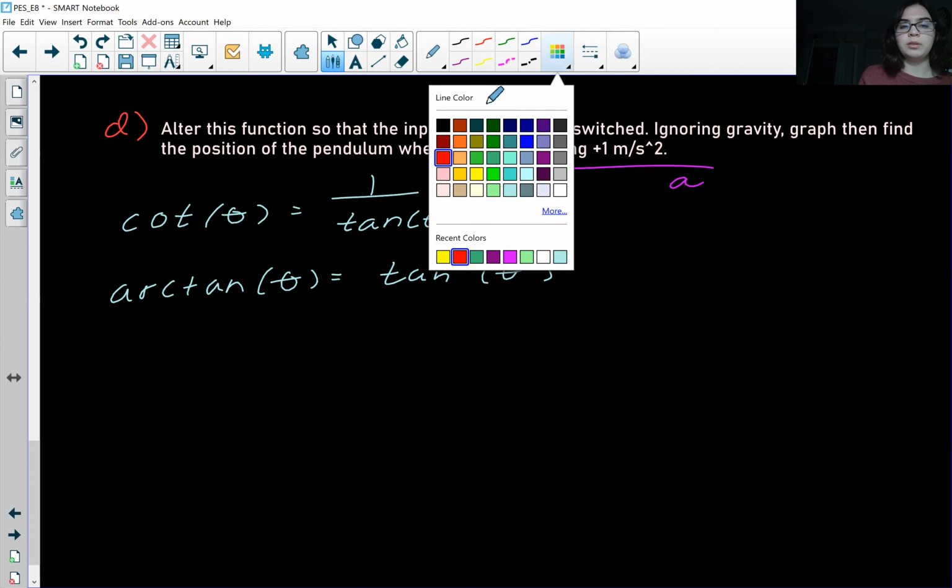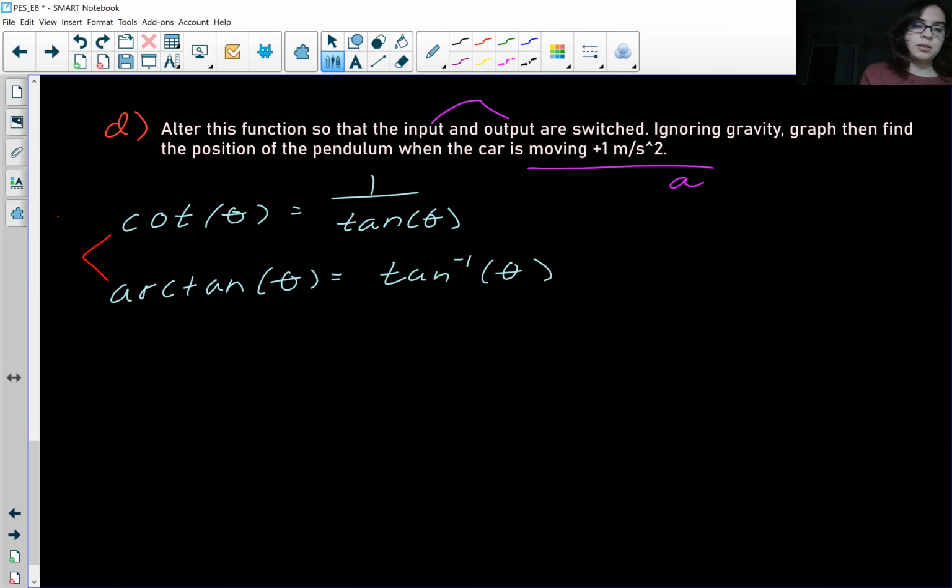These two are not the same. They're very different, because cotangent is just the reciprocal of tangent. You're not actually doing an inverse, whereas arctangent is the true inverse of tangent. I feel like people get those mixed up a lot, and I know that I did. So distinction to make there.